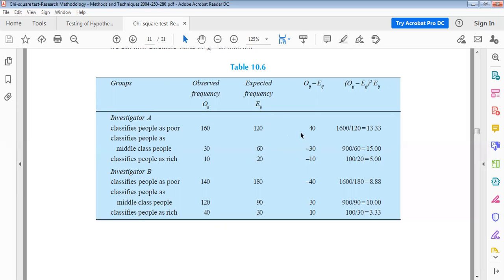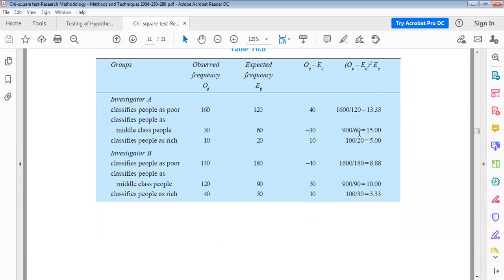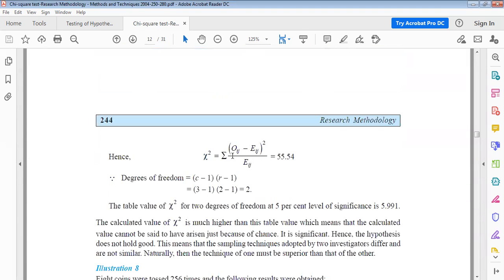Squared divided by 60 gives this, squared divided by 20 gives this, minus 40 whole square divided by 180 will be this, 30 whole square divided by 90 will be this. Now taking this total sum will be 55.54.